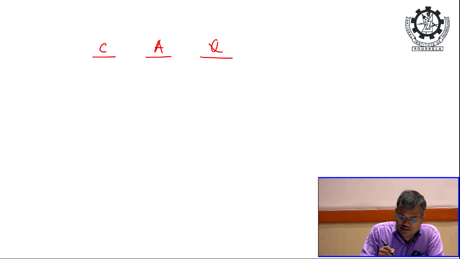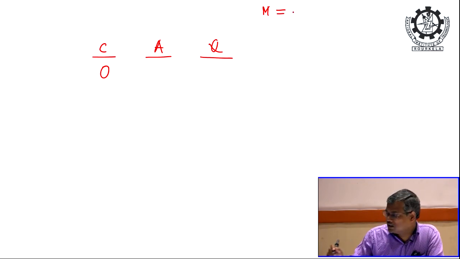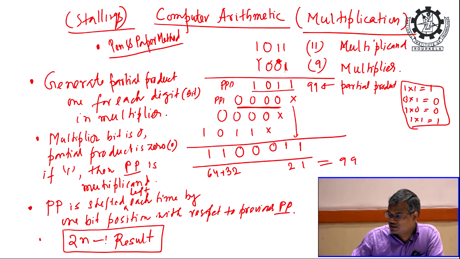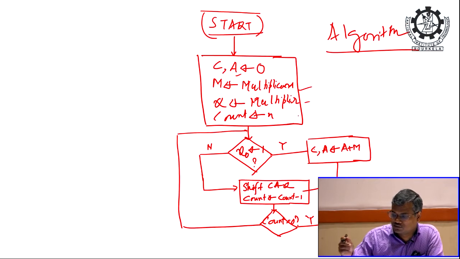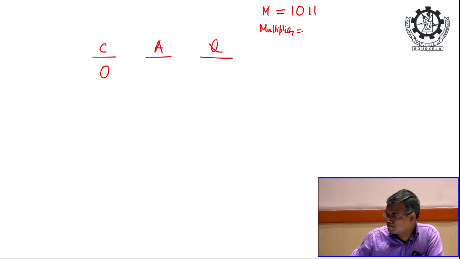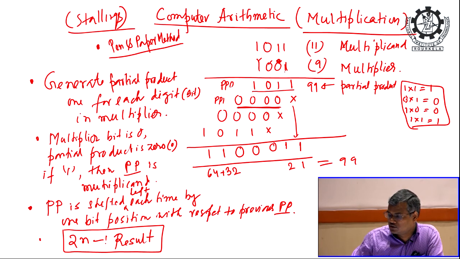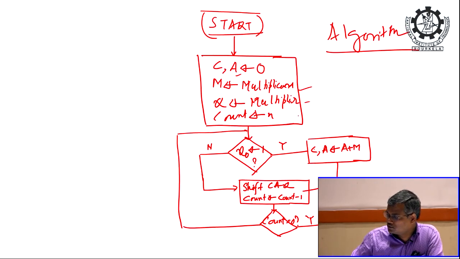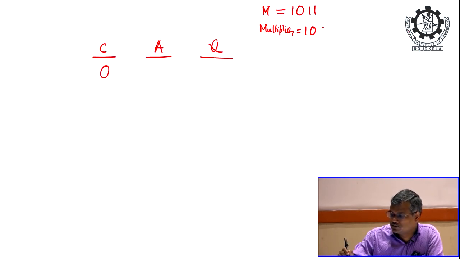So, C is 0 and say we have the multiplicand, as in the earlier example, 11 is 1011. Okay, 1011, and then the multiplier is 1001.